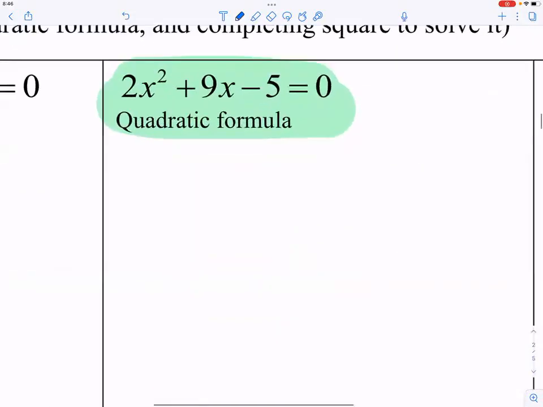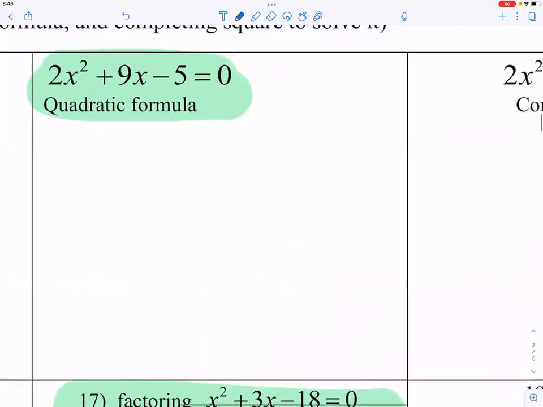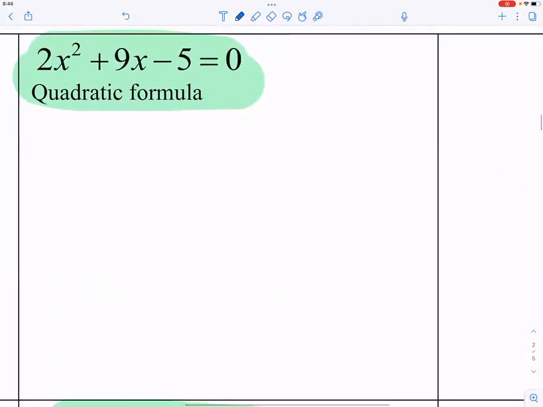Now, I think if you go to the next page, you can go ahead and do this by yourself, as long as you know what the quadratic formula is. Take a minute or two, do this by yourself. What's the quadratic formula?